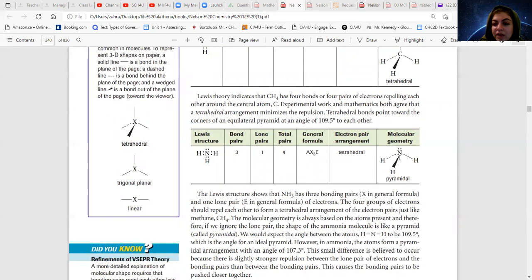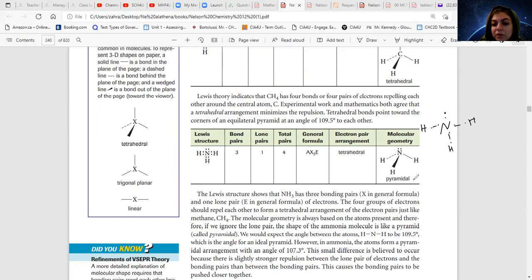NH3, and N has 5 valence electrons: 1, 2, 3, 4, 5. Okay, so the hydrogens come and make a bond with it, right? This lone pair will push the bonds down, like they repel these electrons. That's why it is bending a little bit.